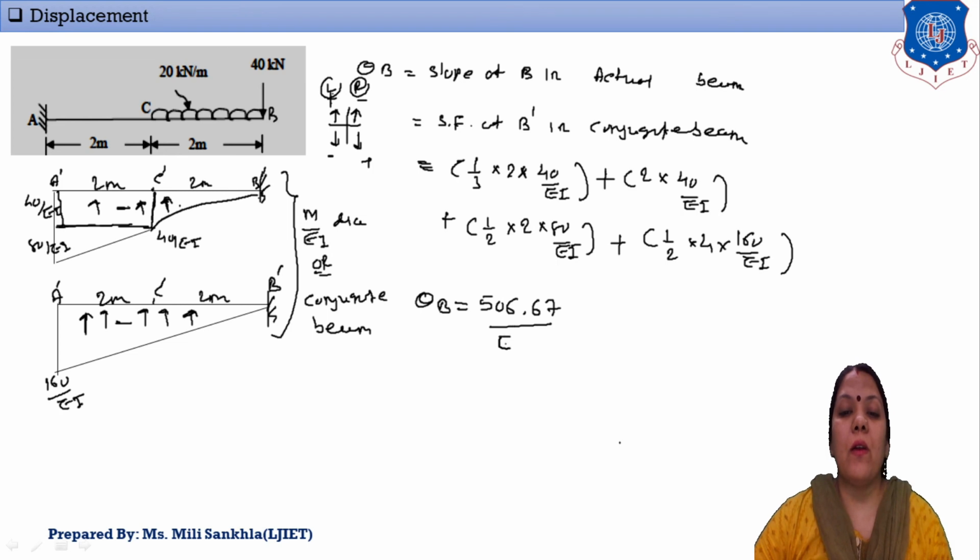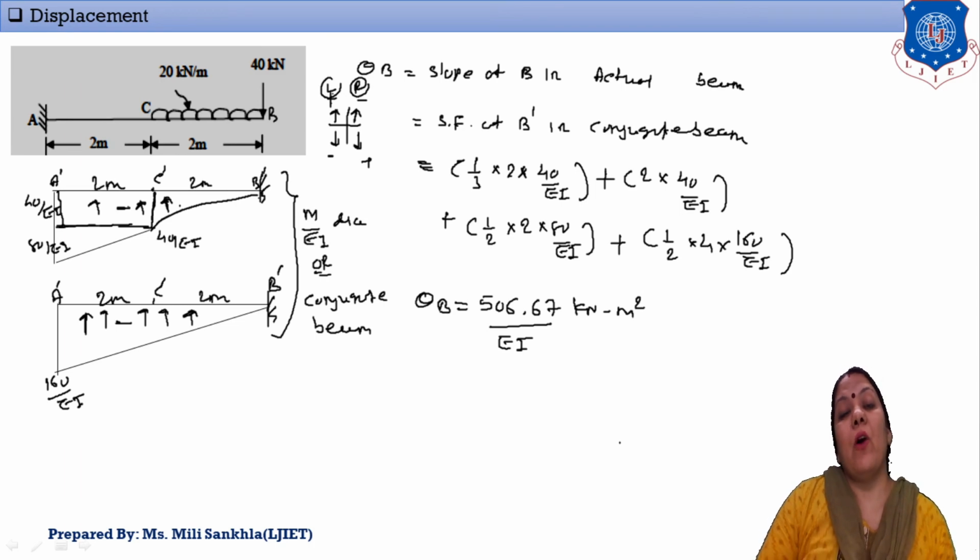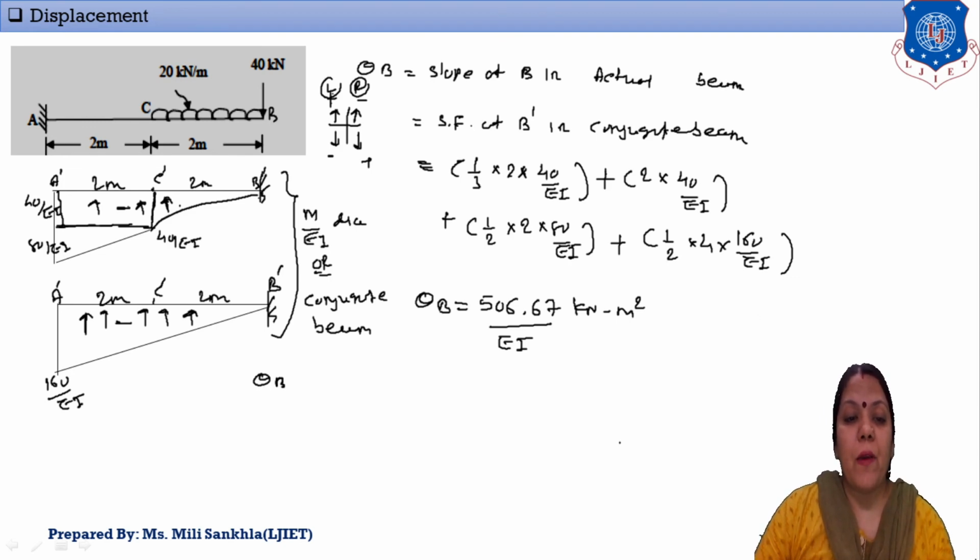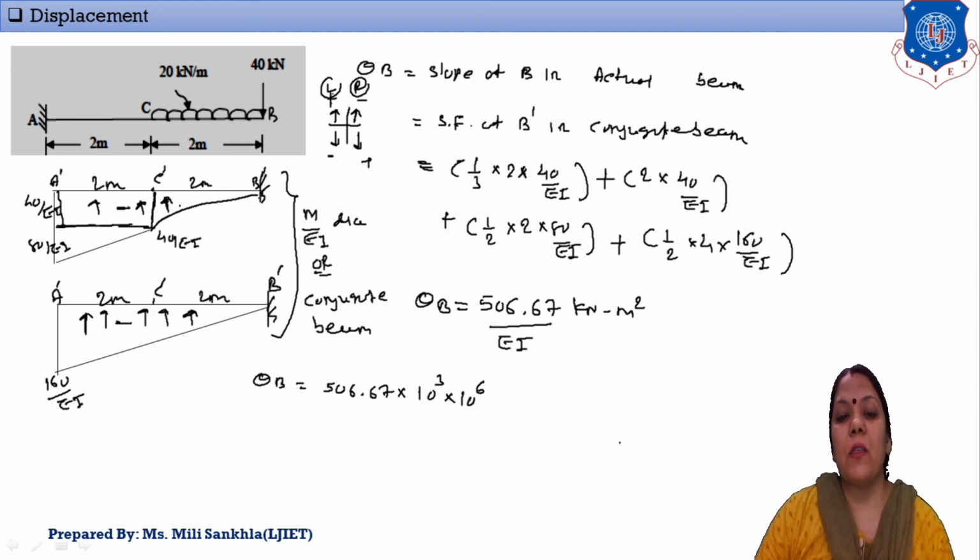My theta B is equal to 506.67 divided by EI, and the numerator is in kilonewton into meter square. Now in the example, the values of E and I are given in Newton and mm, so we convert here. Theta B is equal to 506.67, kilonewton is equal to 10³ Newton, and meter square is equal to 10⁶ mm square.